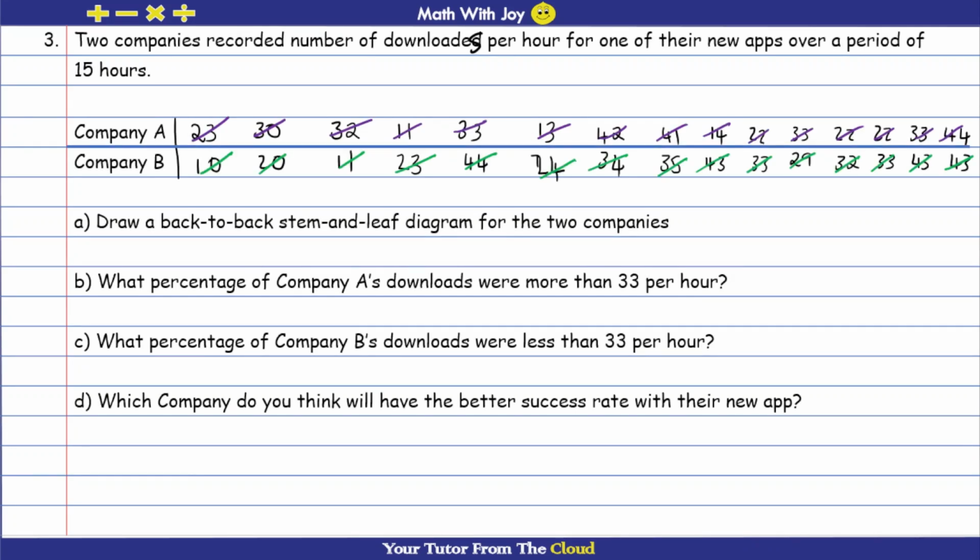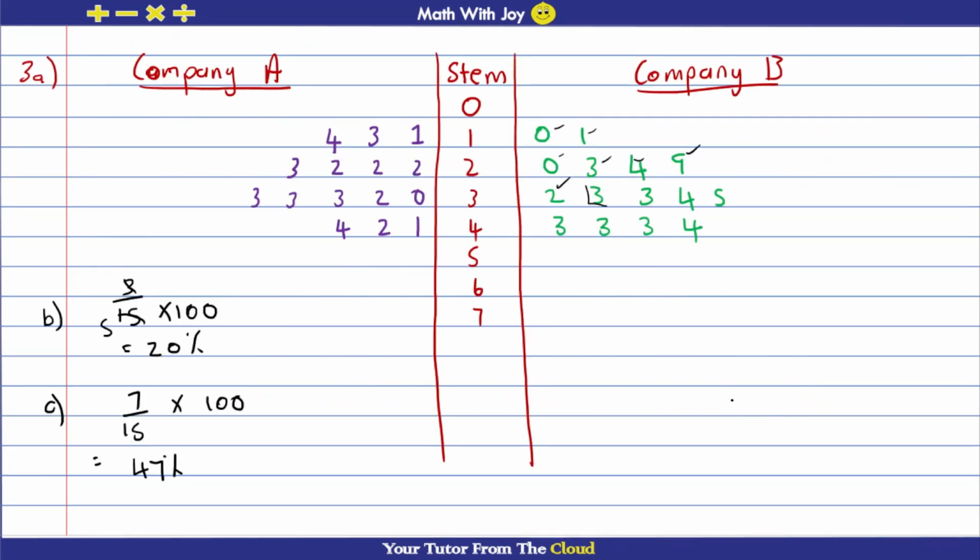Now let's say here, which company do you think will have the better success rate with their new app? Now, I will conclude that it will be company B, because company B has a higher percentage of values that have more downloads that are more than 33 per hour.